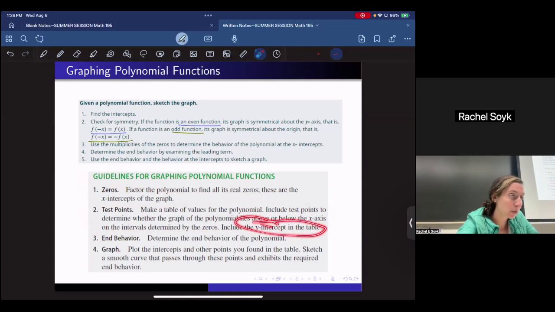Also include your y-intercept. That's a very easy point to add in. Your end behaviors are straightforward based off your patterns for even and odd degrees. Once you have all of those facts, you can create your sketch of a cubic function or a quartic function or a 6-degree polynomial, and so on.